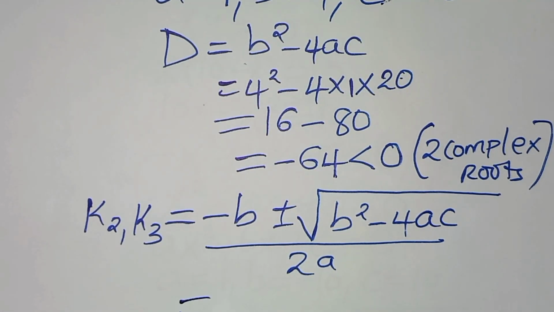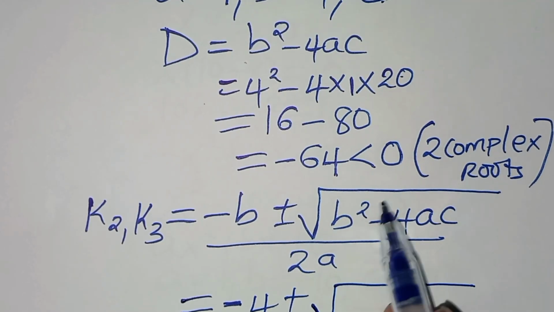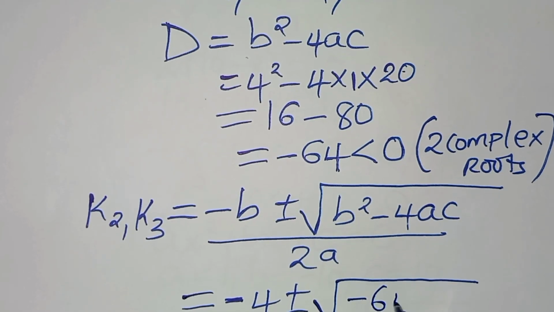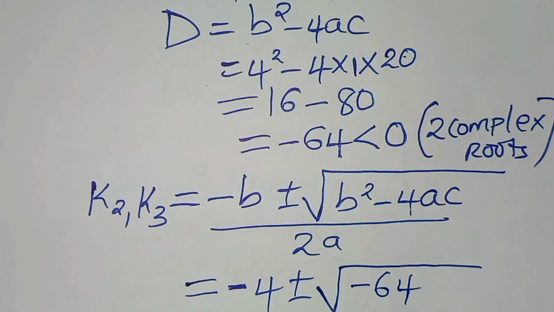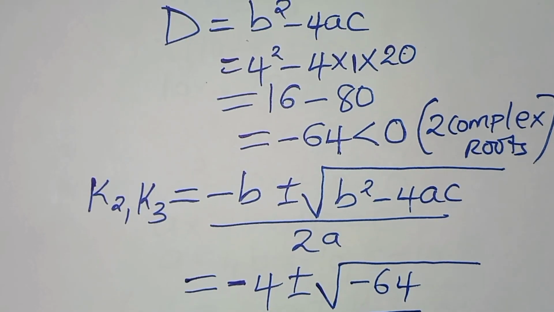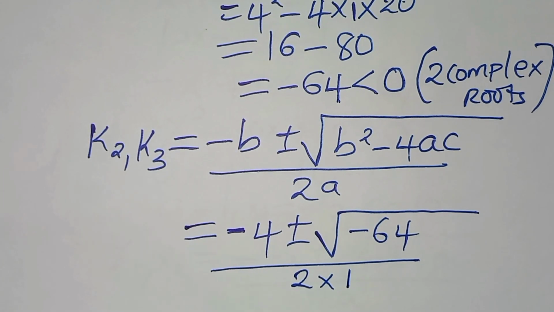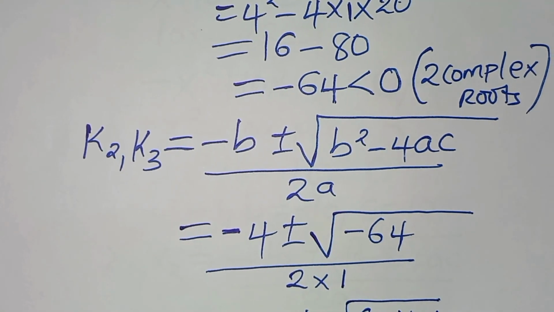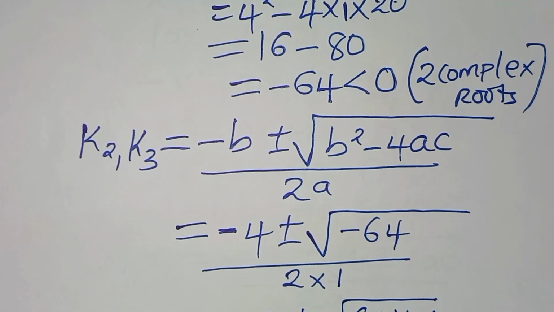Substituting the values of a, b and c, we'll have minus b, this is actually minus 4, plus or minus the square root of b squared minus 4ac, which is minus 64, all divided by 2 times 1. So here we have minus 4 plus or minus, we can express the square root of negative 64 as the square root of 64 times negative 1, all divided by 2.